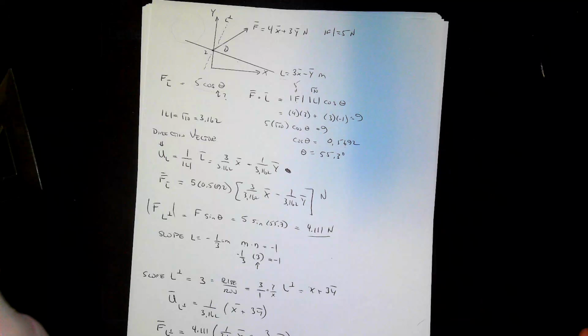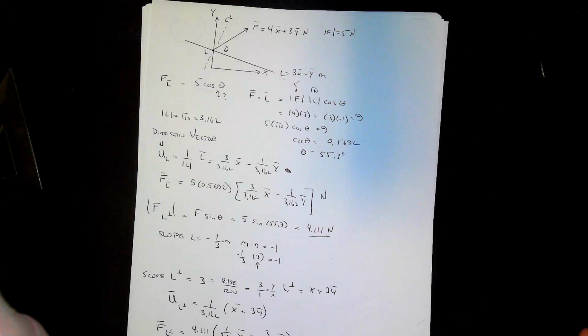Done. Now I need a unit vector to express this as a vector. So the unit vector of L perp is the same idea as before: x plus 3y over the square root of 1 squared plus 3 squared. And there we go. We have a unit vector.